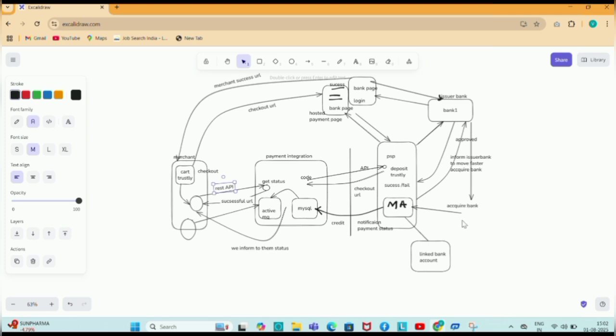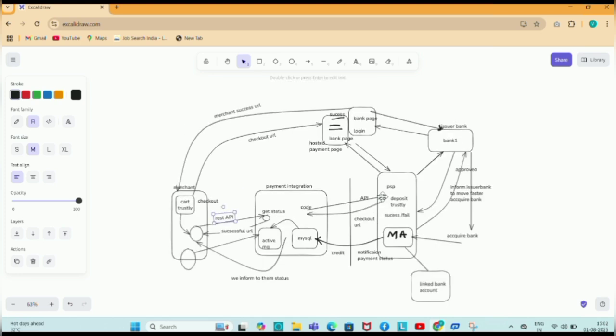So this is an APM. APM is an alternative payment method. So using a payment integration, the customer will be redirected to a PSP page. So there can be any card details. Using an APM we make the payment. So that's all about it.